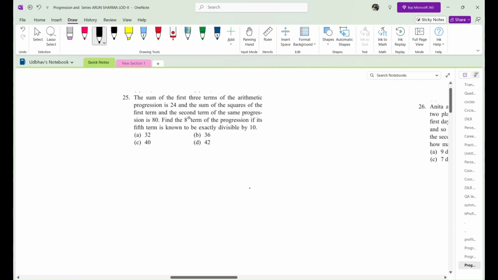Question number 25. The sum of the first three terms of an AP is 24. We are given the first three terms: a, a plus d, and a plus 2d. We are given 24.